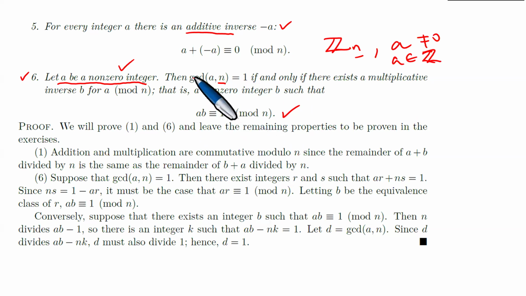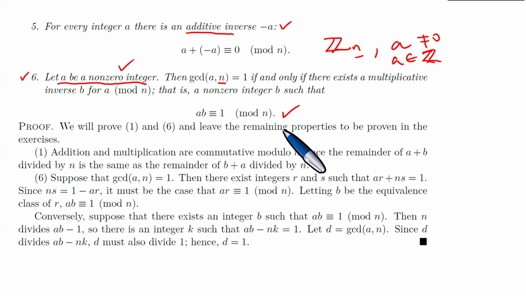In other words, this greatest common divisor is 1 if and only if there exists a multiplicative inverse b for a modulo n, such that when you multiply the integer a by b, you get 1 modulo n.